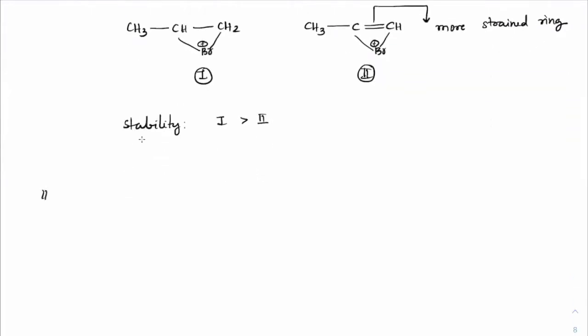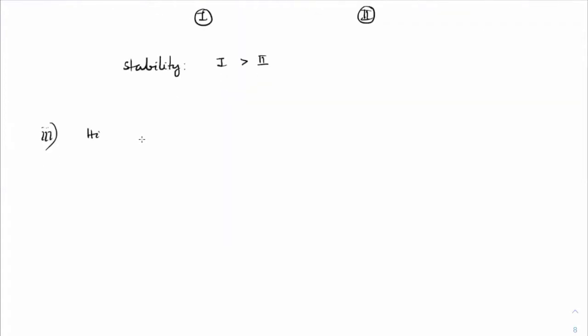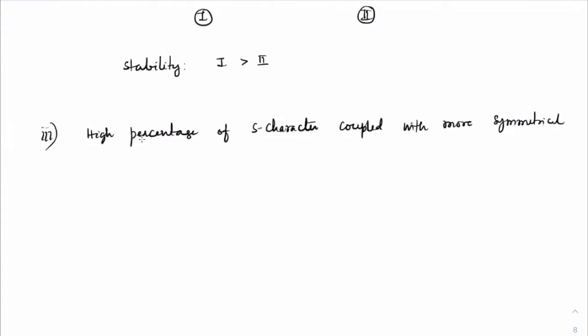Right. The third reason for very weak electrophilic addition is the high percentage of s character, coupled with a more symmetrical distribution of the pi cloud.